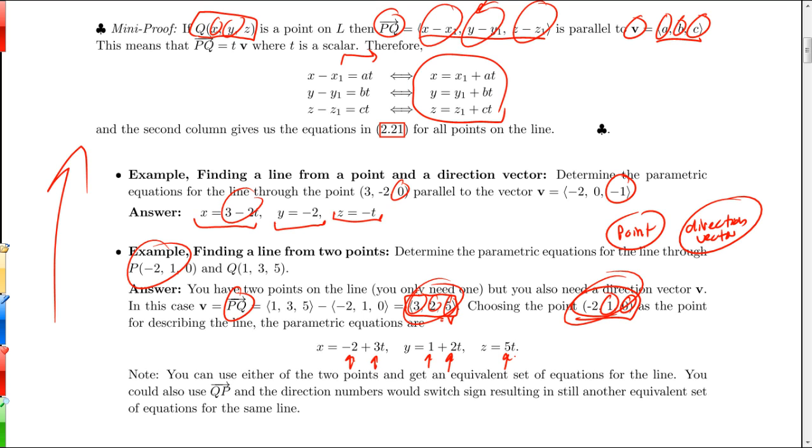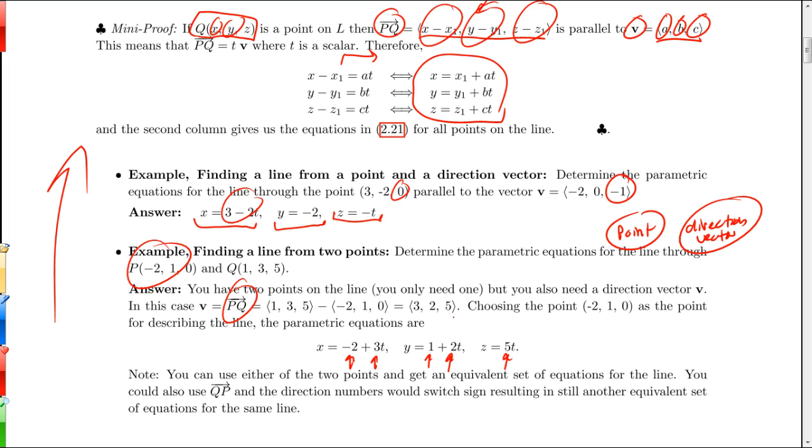There's actually infinitely many. For example, I could have used QP instead of PQ. I could have switched those around. That would have changed my direction vector by a negative sign. This direction vector here would then just have negatives in there.